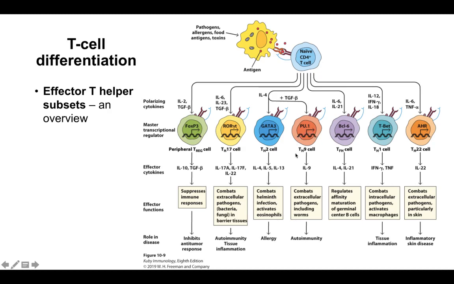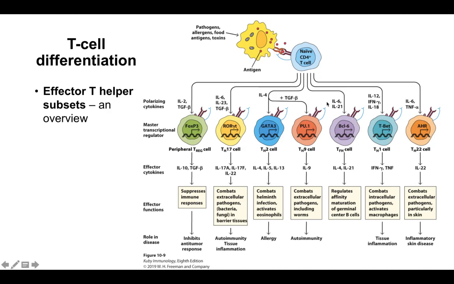Another cell that has an important effect in worms and extracellular pathogens are the Th9. And so with IL-4 and TGF-beta, you can get these Th9 cells generated, and they make a lot of IL-9. The follicular T helper cells have the transcription factor BCL6.